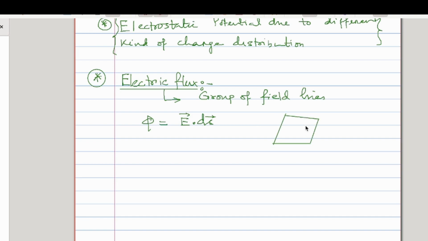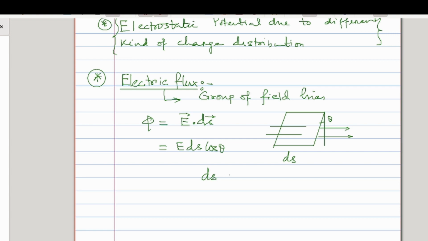If this is a differential area, okay, sorry for the interruption. So if this is the ds like this, and some electric flux lines are passing through the area like this, if this angle is theta, okay, so that can be E ds cos theta.